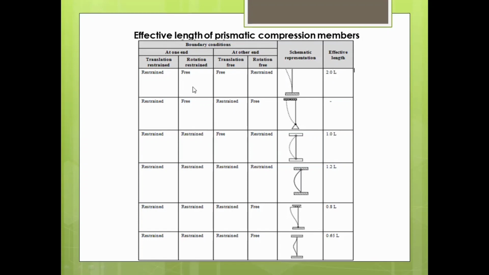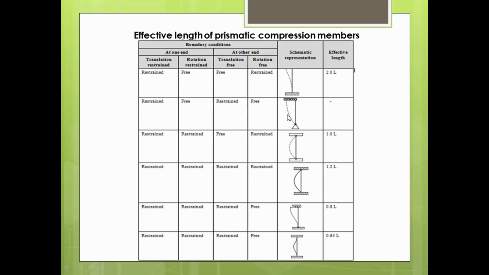And second, if you see, one end is restrained like this. It is free to rotate, so here is the rotation, and the other end is restrained like this, but rotation is free.